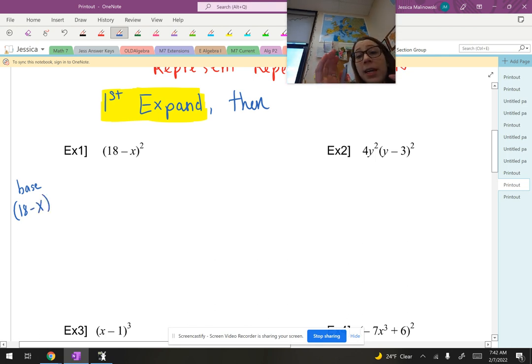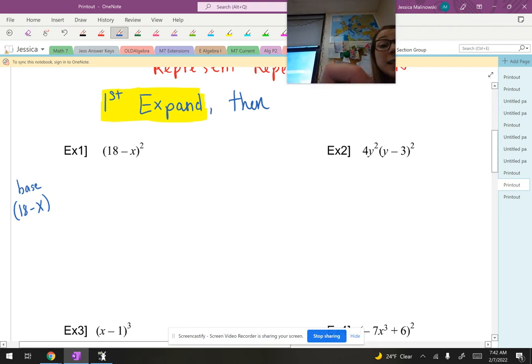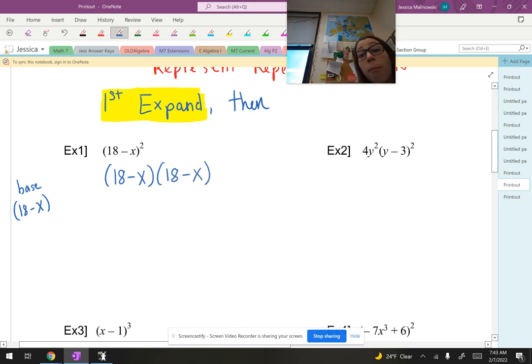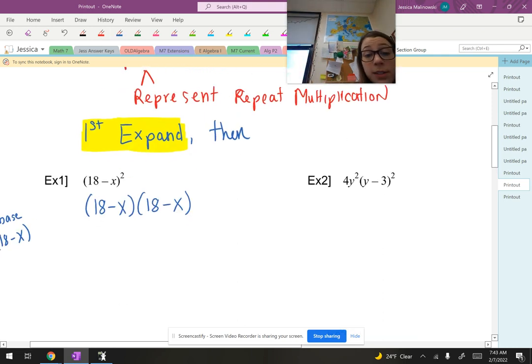That whole thing is being raised to the second power, hence the parentheses. So when I say expand that, that is really going to turn into 18 minus x times 18 minus x. The base multiplied by itself twice.